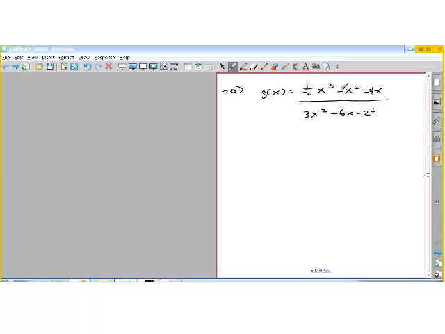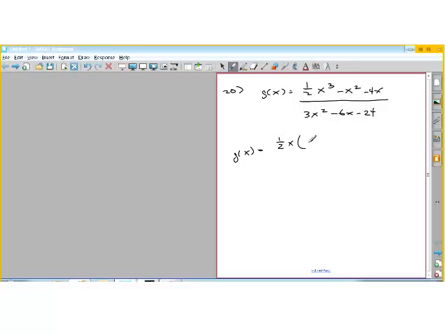So we have a third order equation in the numerator, but the lowest order term is an x, so we can actually factor out an x there. And you say, well, don't we have to just worry about the denominator? But again, I'm actually going to factor out 1/2 x.